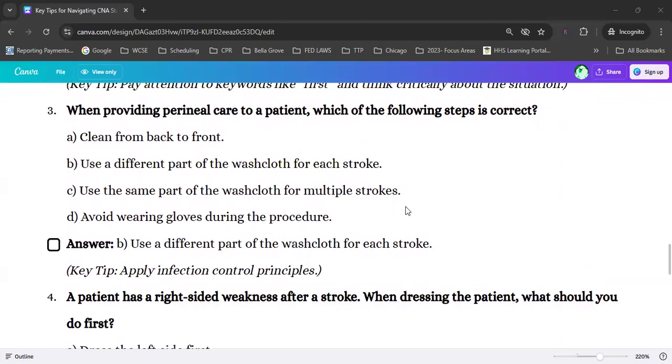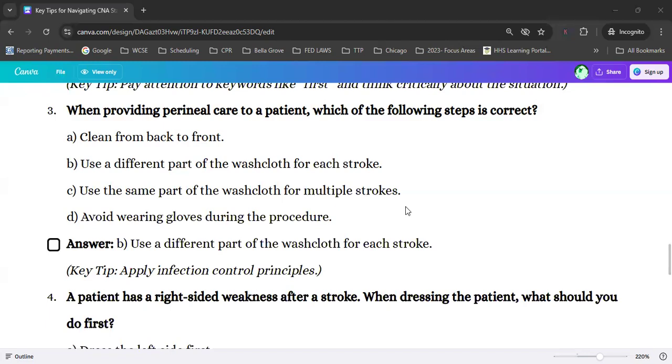All right, number 3, and just remember there's a link to these questions so that you can follow along with us. When providing perineal care to a patient, which of the following steps is correct? This would be a skills question that is being asked in your state written exam. A, clean back to front.